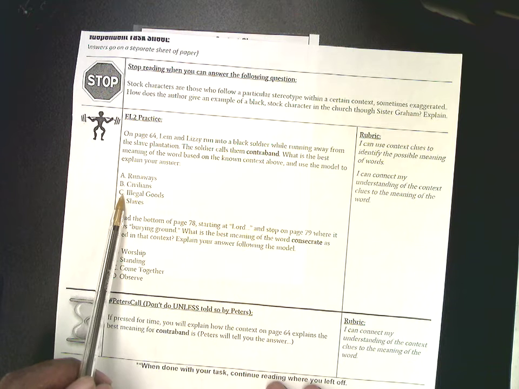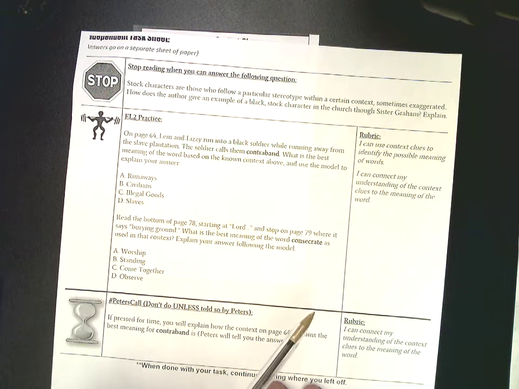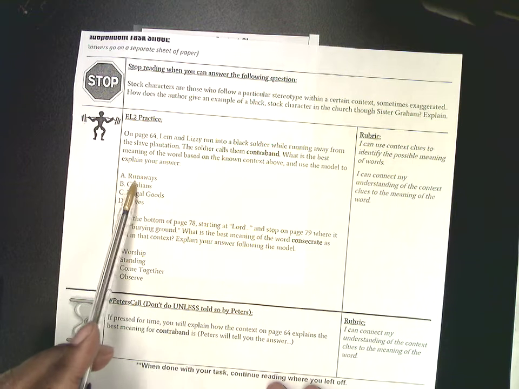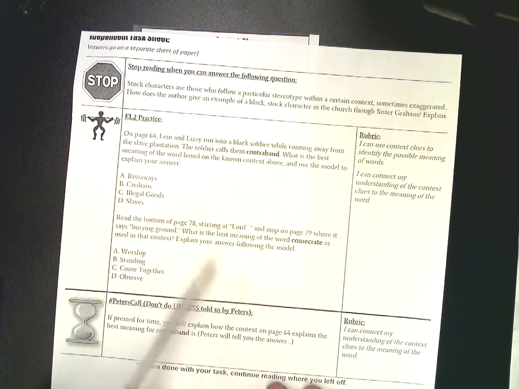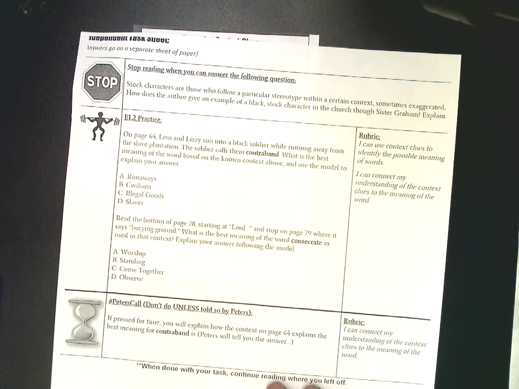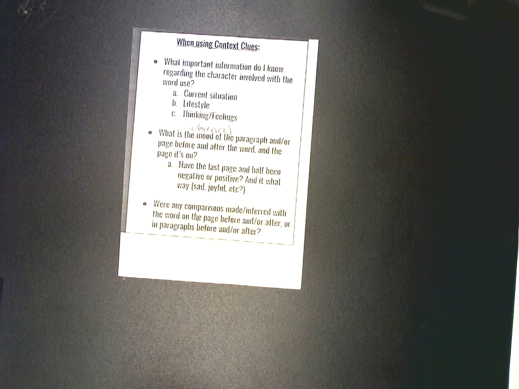That's fine. But contraband also, in some extent, for this particular context, could also mean runaway slave. So it could mean that they were runaways, simply put. So A or C could work well too with this because we do know the characters and what they're going through and how they all connect. So that's usually the easy part.